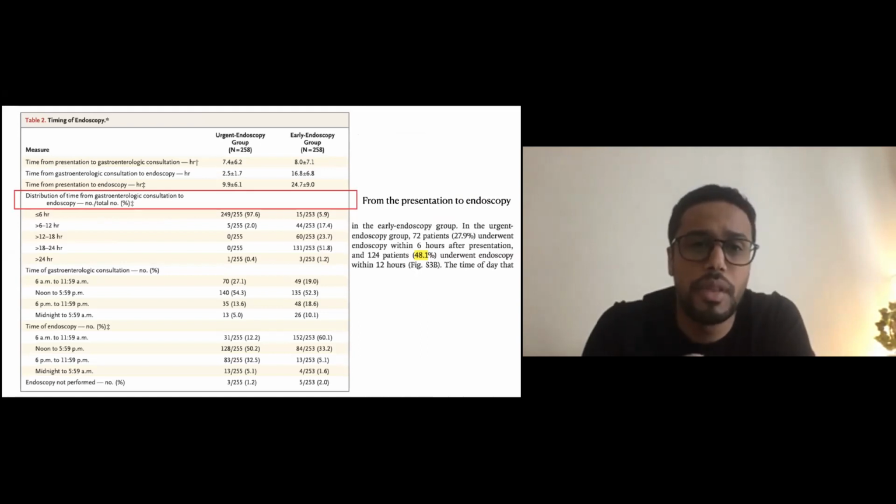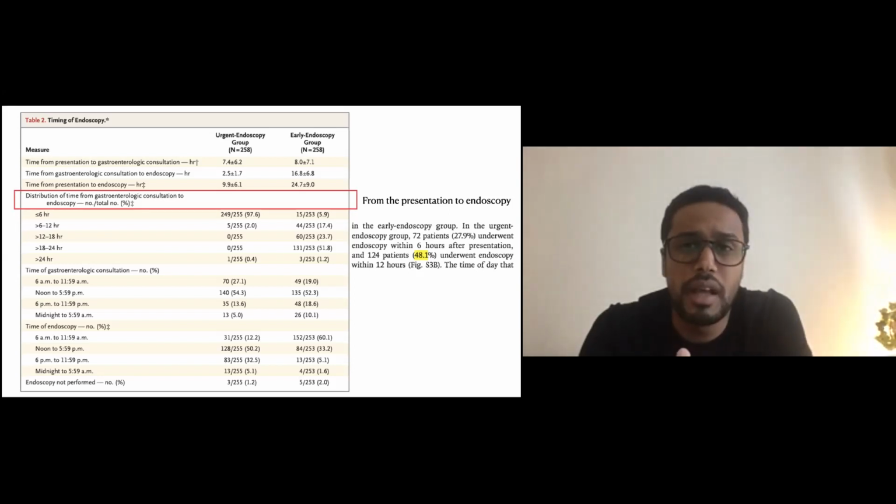Now, regarding the timing of endoscopy, they reported that the time of endoscopy from the consultation was actually less than 6 hours in the urgent group with 97.6%, which was great, and also in the early group it was between 6 to 24 hours with a good number.